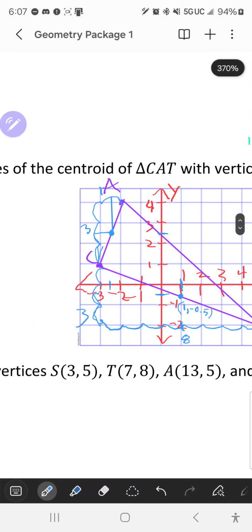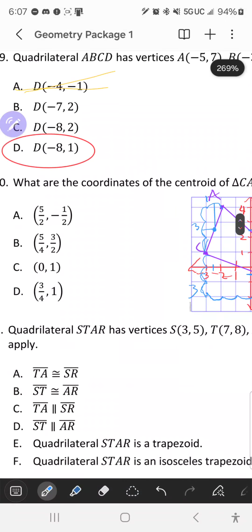The formula for midpoint you can always use. I explained it before, but just to let you know, it's M, midpoint, equals x1 plus x2 divided by 2, comma, y1 plus y2 divided by 2.